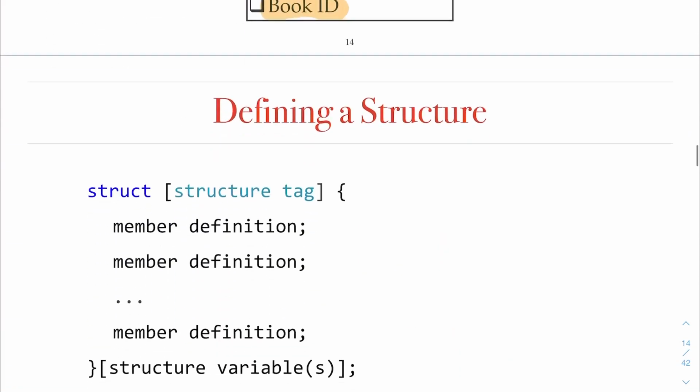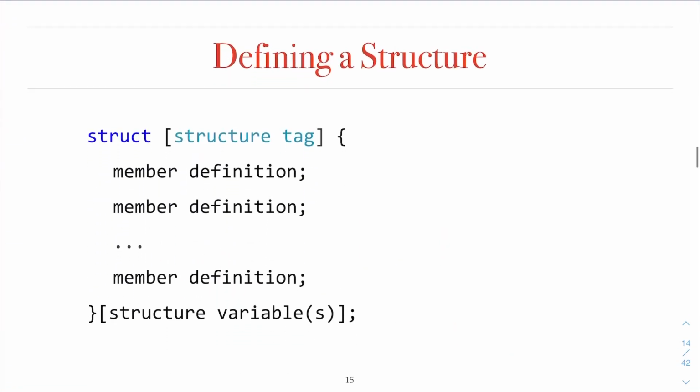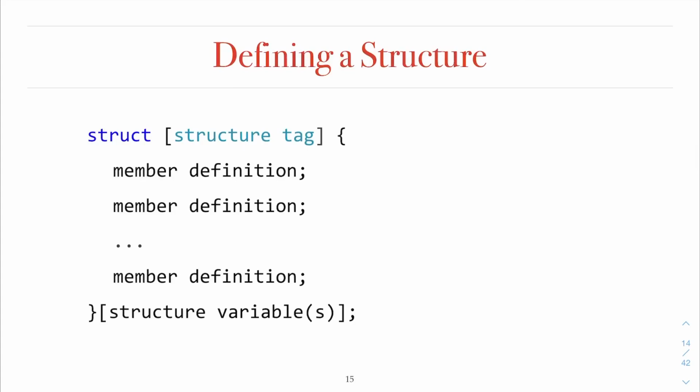Alright, and so for defining the data structure, the syntax here is easy. You start by using the keyword struct, followed by the struct name here, and in this bracket you put the declaration of your data.